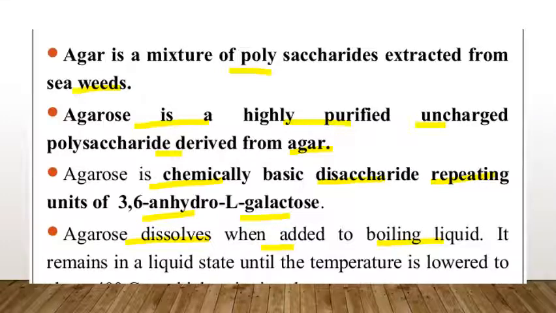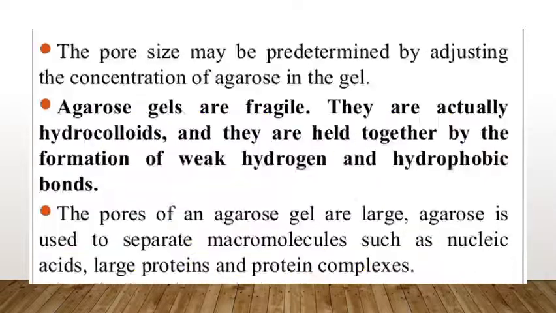It remains in the liquid state until the temperature is lowered. The pore size may be predetermined by adjusting the concentration of the agarose in the gel. So by taking the amount of the gel as a supporting media, the pore size can be adjusted according to the concentration used in the method.